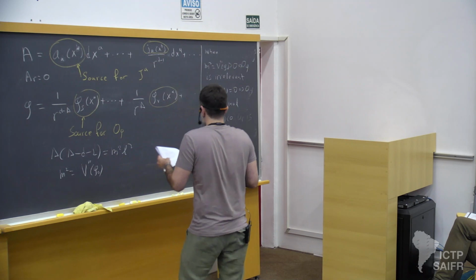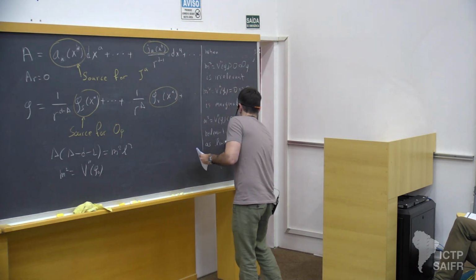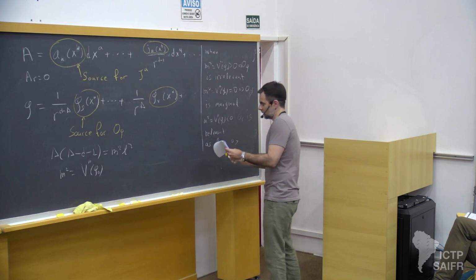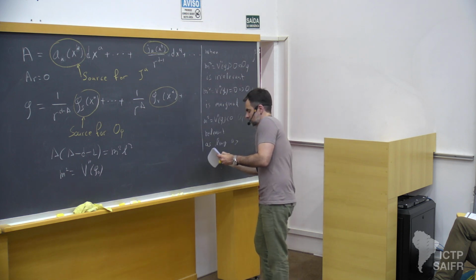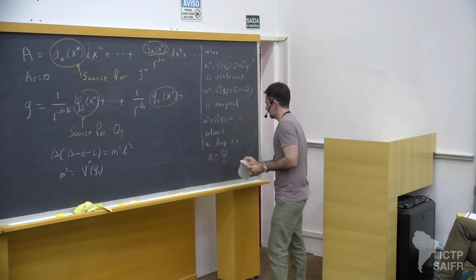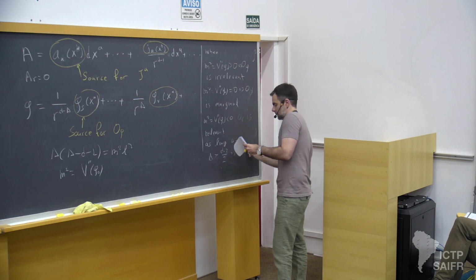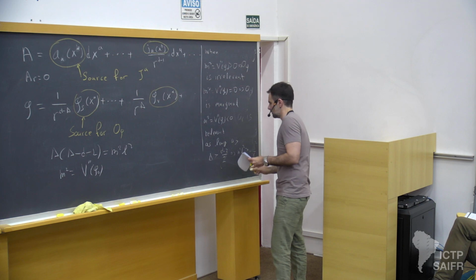Okay? As long as delta is greater than d minus 2 over 2. Or in other words, m squared L squared is greater than minus d squared over 4.